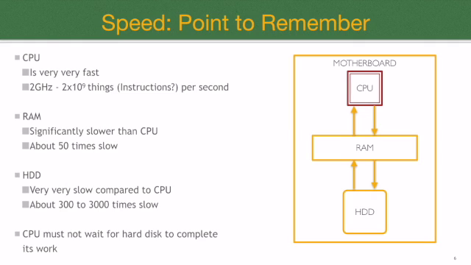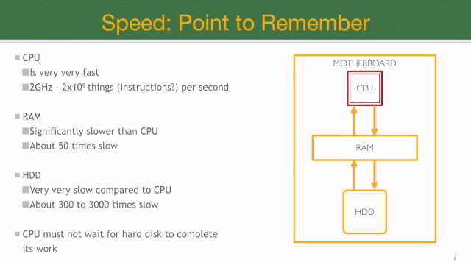RAM, on the other hand, is significantly slower compared to the CPU, roughly about 50 times slower. This is a ballpark kind of figure. Different types of RAM will have different speed comparisons compared to the CPU, but in general, the idea is that this is slow.